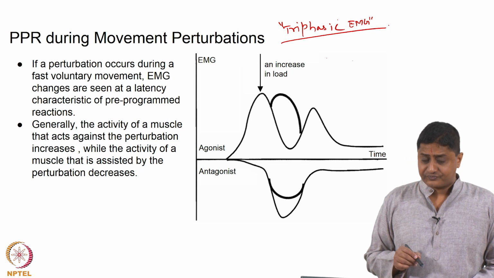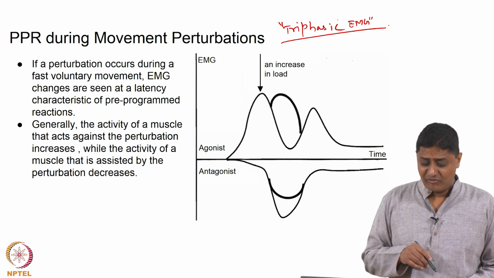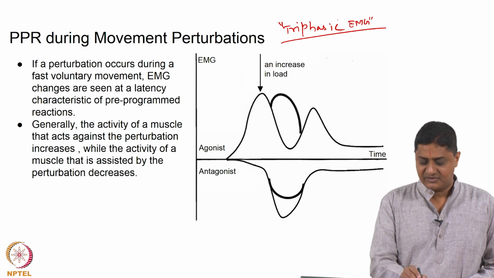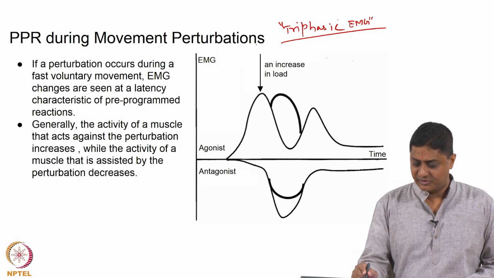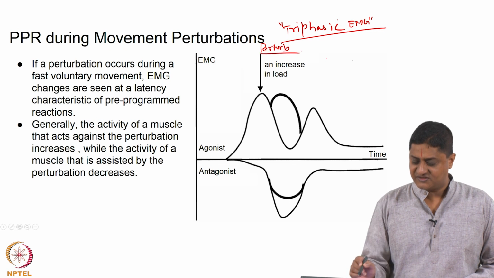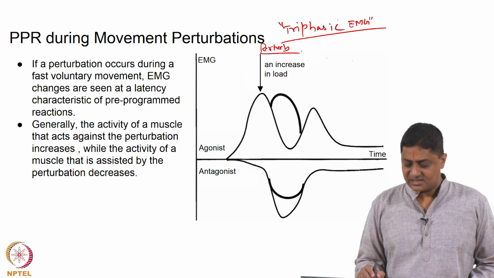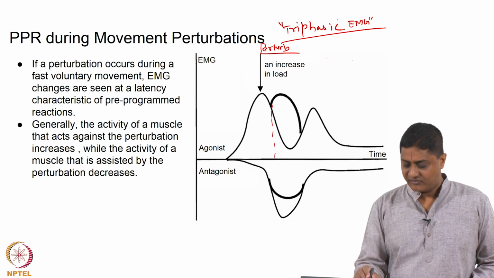Now, if a person is performing a movement and a perturbation is applied, like that, so that is the perturbation. The arrow mark says where the perturbation happened. Then the responses are seen at a latency typical of pre-programmed reactions.